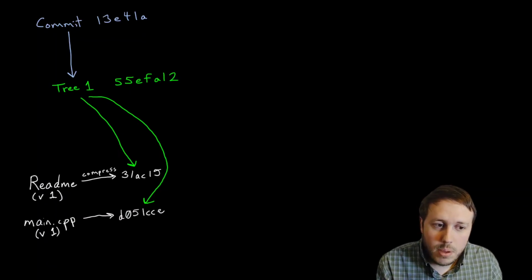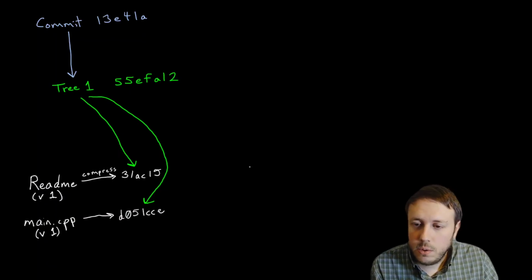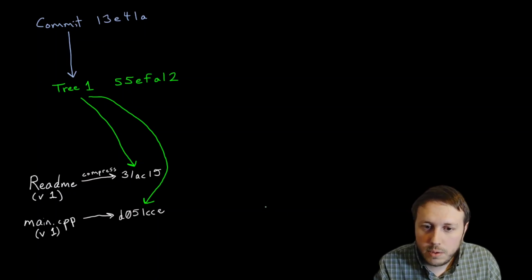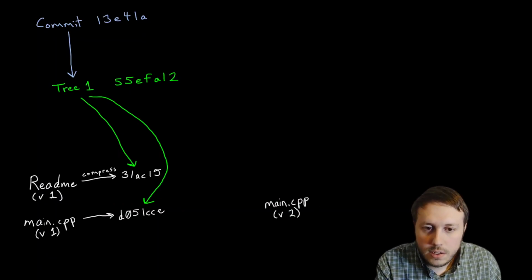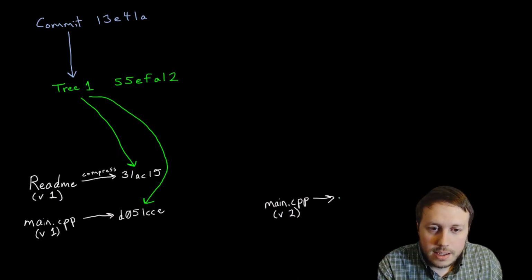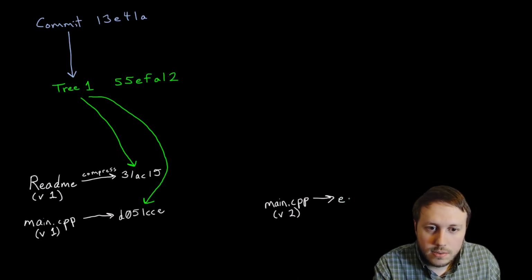If you then modify these files, so let's say that sometime later we've modified main.cpp, and so now we've got main.cpp, but it's some new version 2 with additional features. Then when we commit, Git will, of course, take main.cpp, it'll compress it, it'll put it in some file.